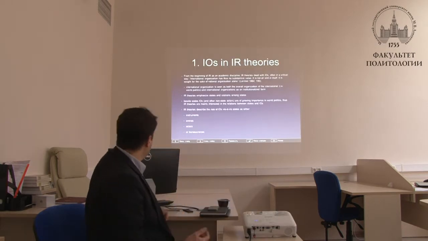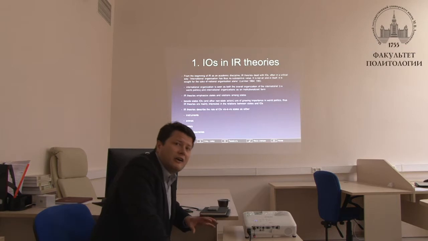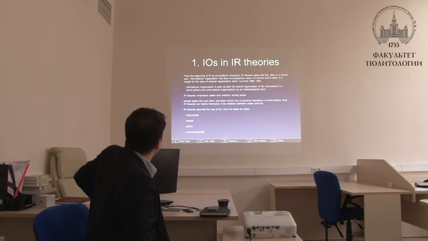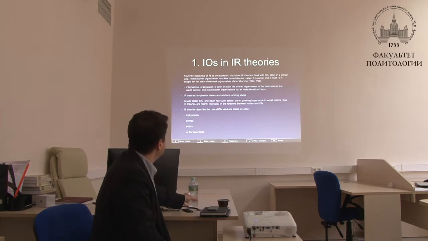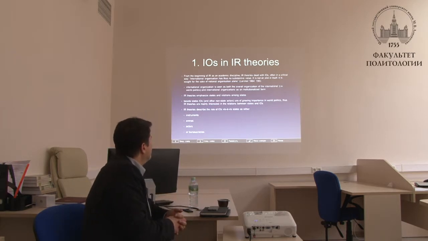So from the beginning of IR, by the way, when I'm talking about IR, I mean international relations, the subfield of political science, from the beginning of IR as an academic discipline, IR theories always dealt with international organization, often in a rather critical way.